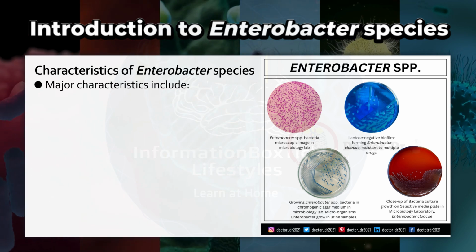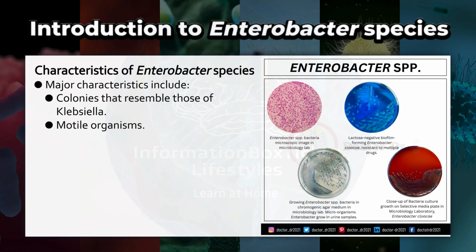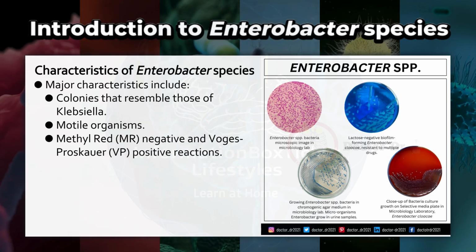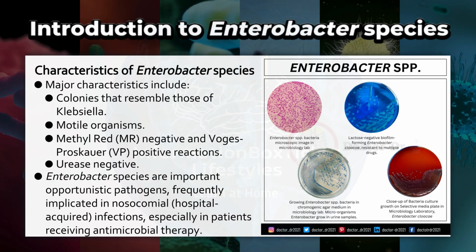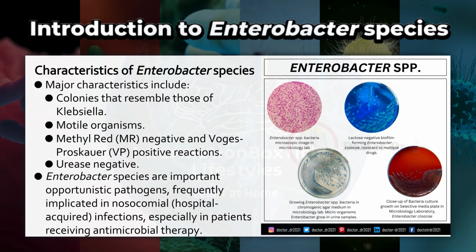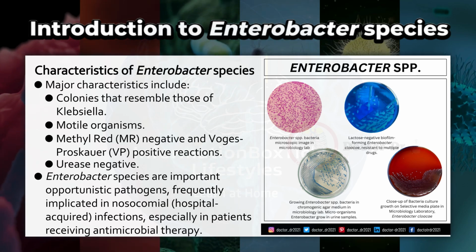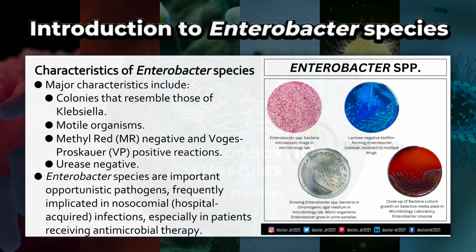Major characteristics include colonies that resemble those of Klebsiella, motile organisms, methyl red negative and Voges-Proskauer positive reactions, urease negative. Enterobacter species are important opportunistic pathogens, frequently implicated in nosocomial, hospital-acquired infections, especially in patients receiving antimicrobial therapy.